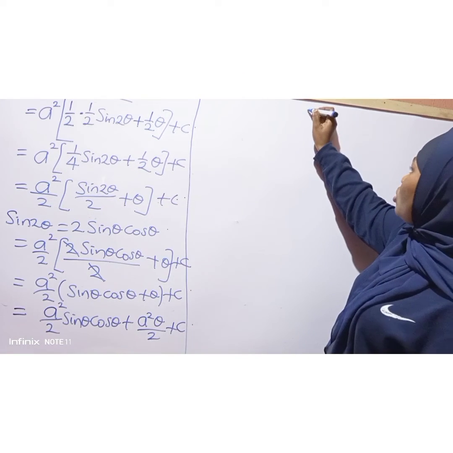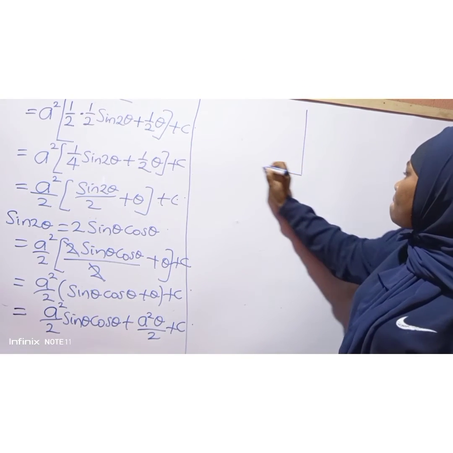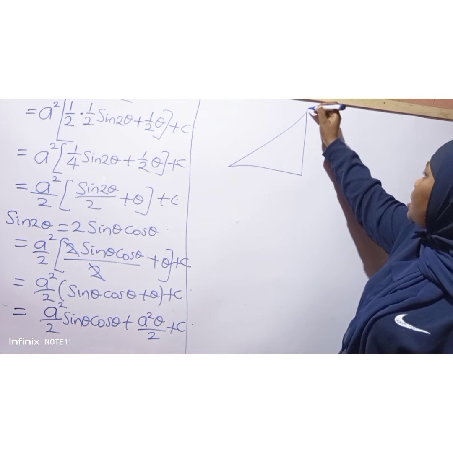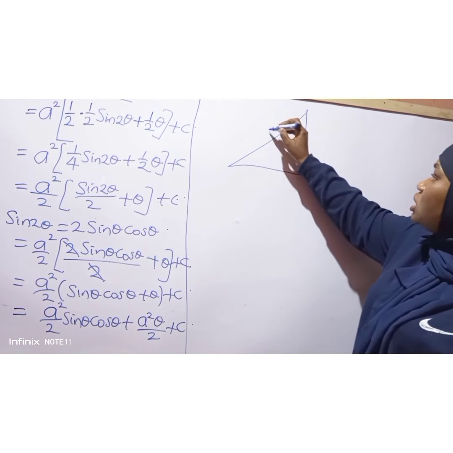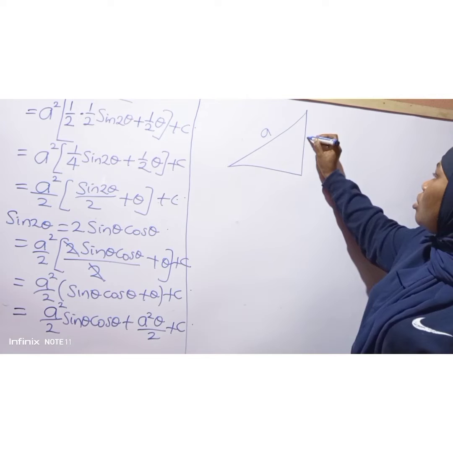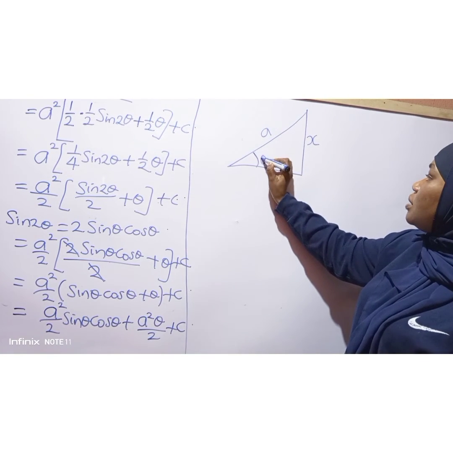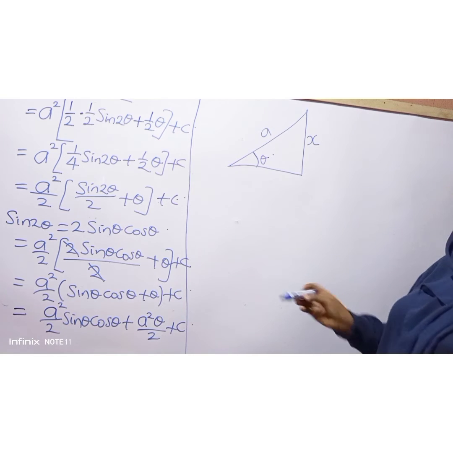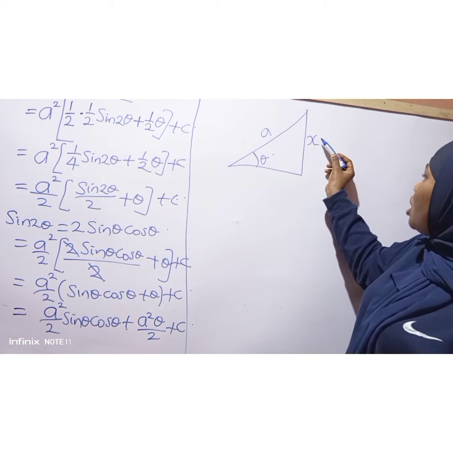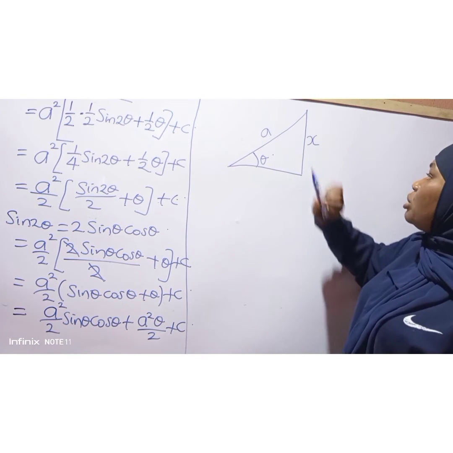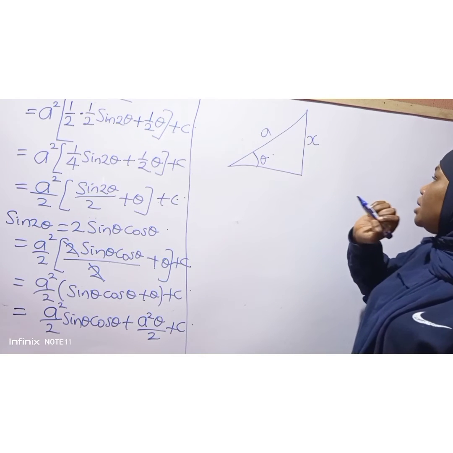So I can draw a right angle triangle, and call this side a, call this side x. So here is the theta. If you look at this one, this will be my opposite, this will be my hypotenuse, and this will be my adjacent.